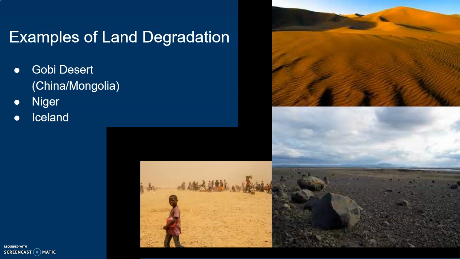And in the country of Niger, there's a pretty big problem with desertification and land degradation. So much so that their entire government has to enforce sustainable agriculture because Niger, if you didn't know, is located between the Sahara and the savannah.